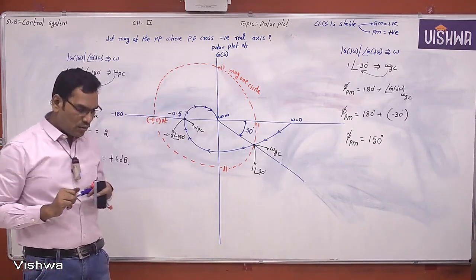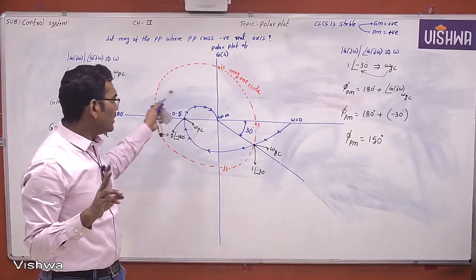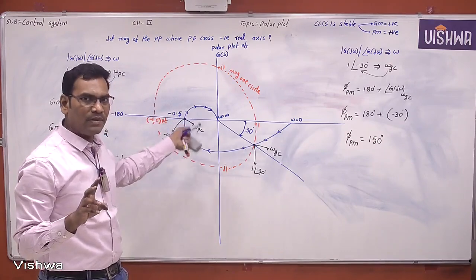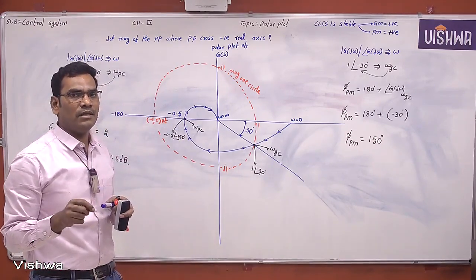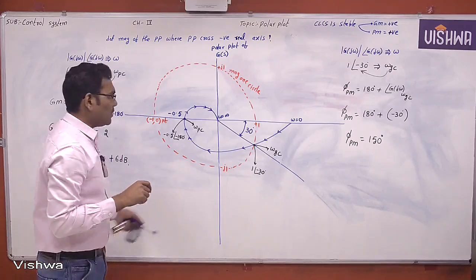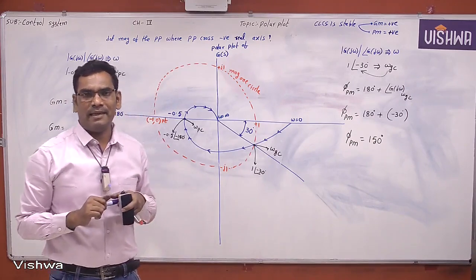One point I want to say: don't find gain margin, don't find phase margin. In the same example, this is a previous GATE examination 2 marks question. He is asking to find gain margin, phase margin. Students are trying to find it with this particular procedure, but that is not what we have to apply in the GATE examination.